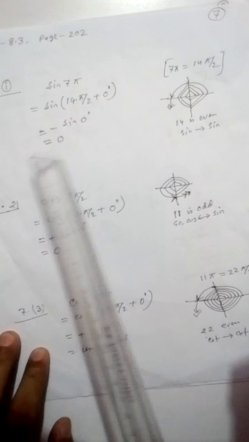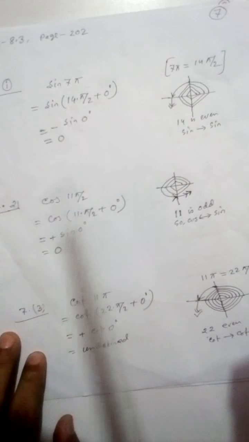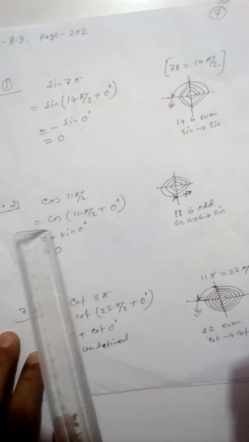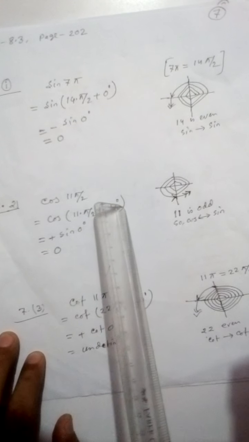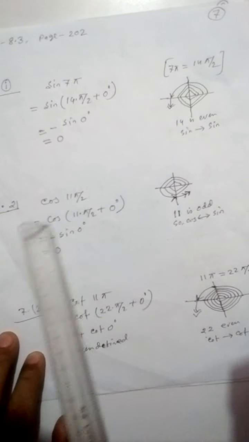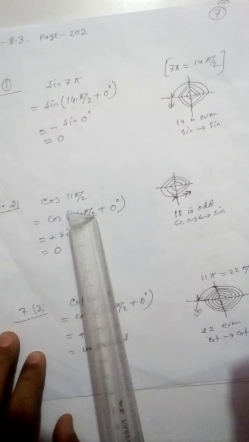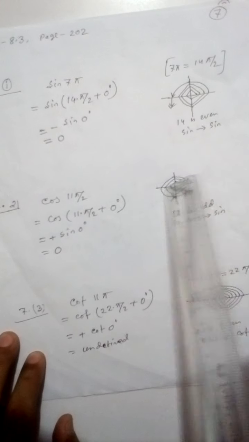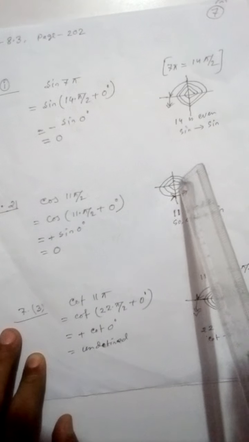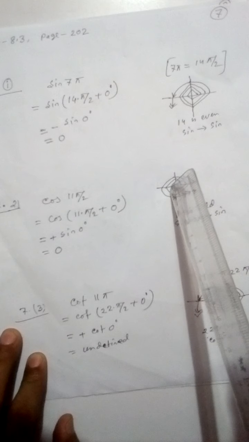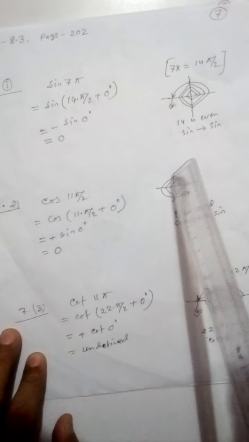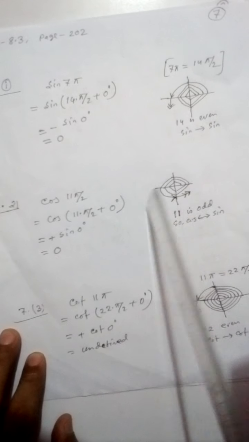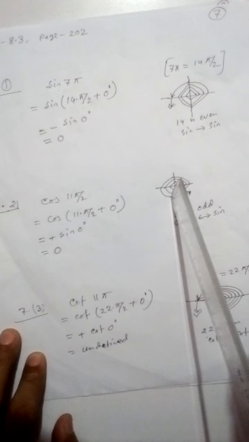This is the solution. Okay, next, cos 11 pi by 2, which we write as cos 11 pi by 2 plus 0 degree. Here we count 1 2 3 4 5 6 7 8 9 10 11 on the axes, so this attacks the third quadrant, but there is a plus sign, so it passes through the fourth quadrant.